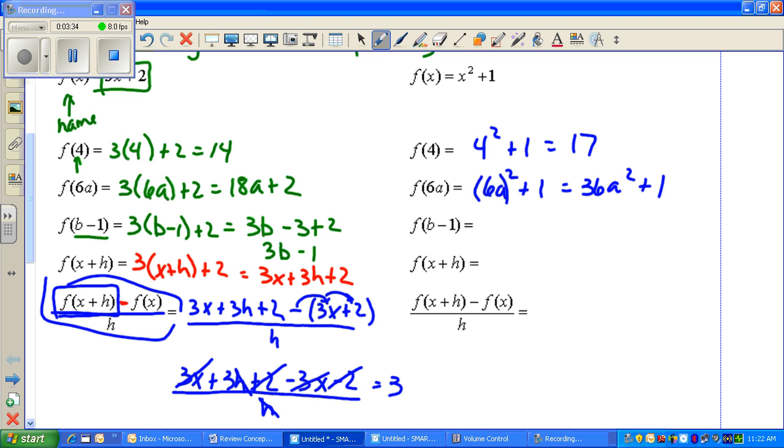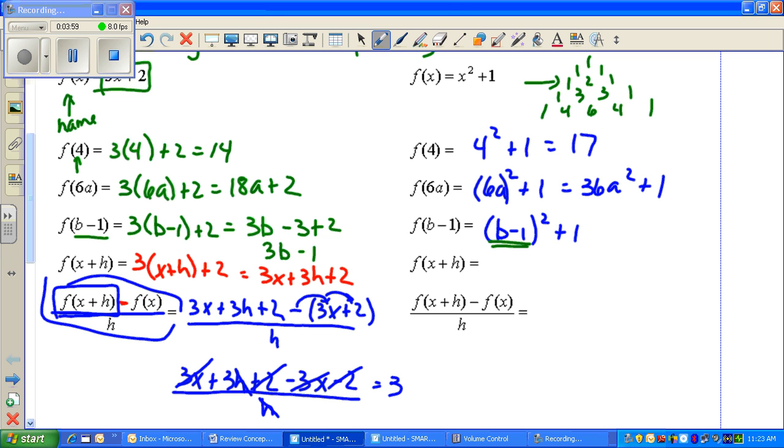In the next example, it's going to be (b minus 1) quantity squared plus 1. And what we want to be able to do is expand this fairly quickly. So if I had a cubic or something, I'd want to just be able to write it down. And I'm able to do that using Pascal's triangle or the binomial theorem. If you recall Pascal's triangle, and I'm looking at something squared, those are the coefficients.